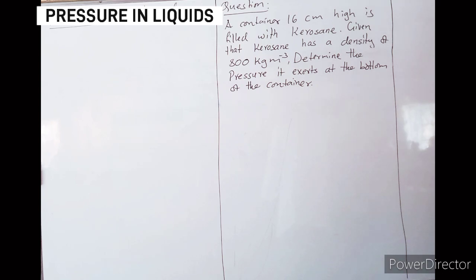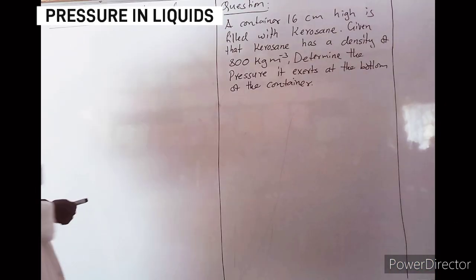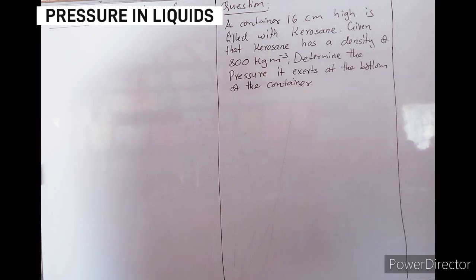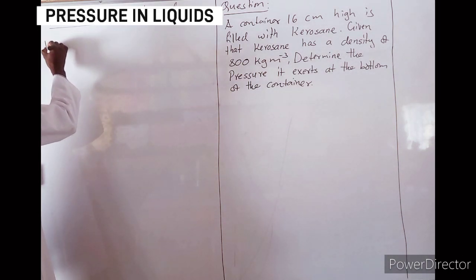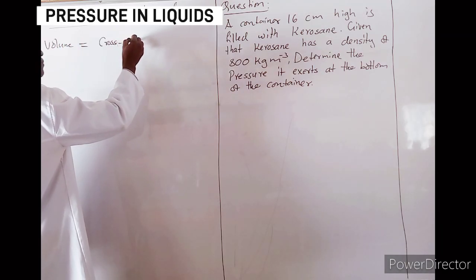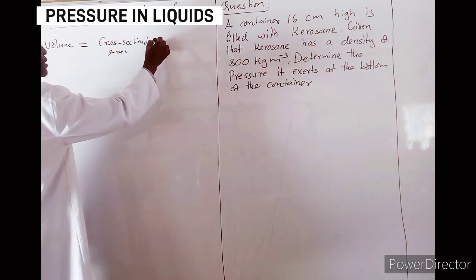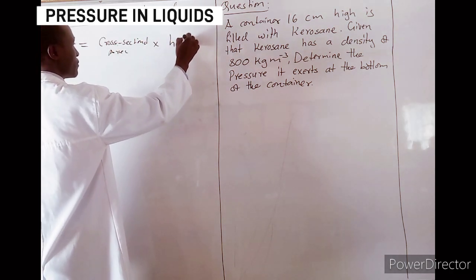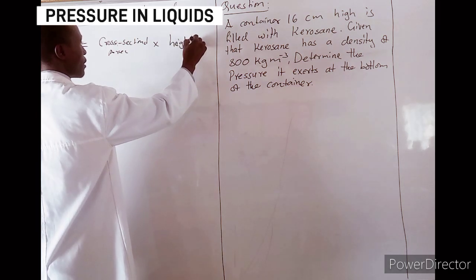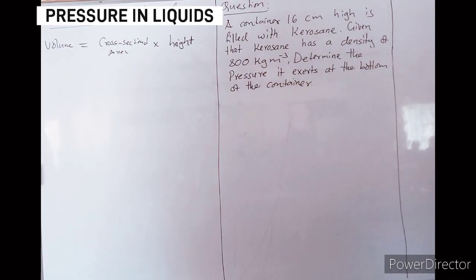So, when we are looking at pressure in liquids, first we must understand the volume of the liquid. How do we get the volume of a liquid in a container? Volume is given by cross-sectional area times the height.